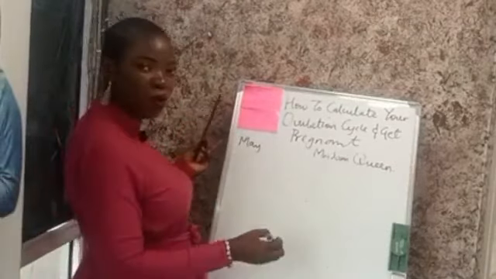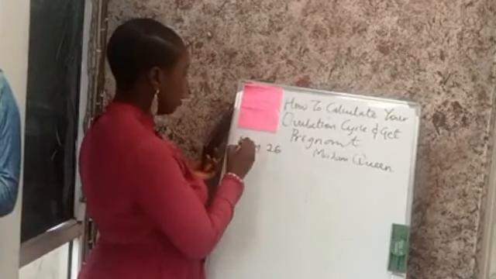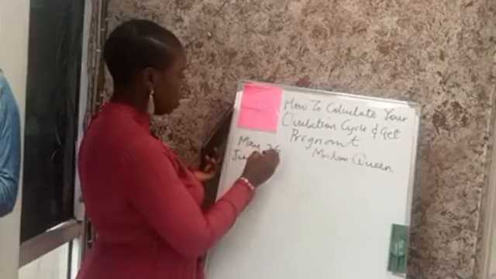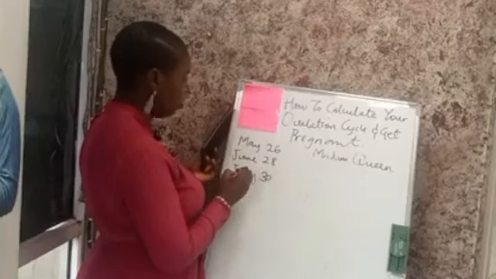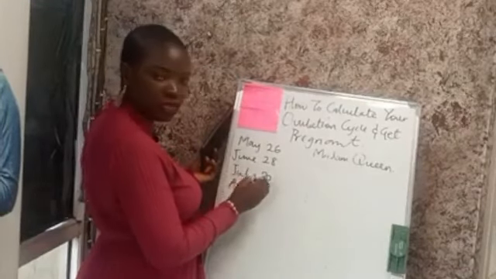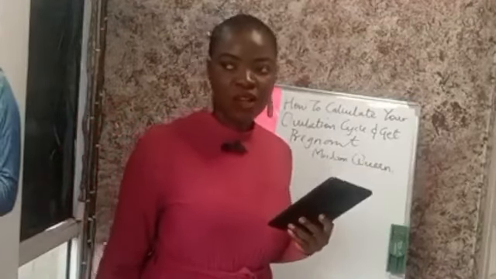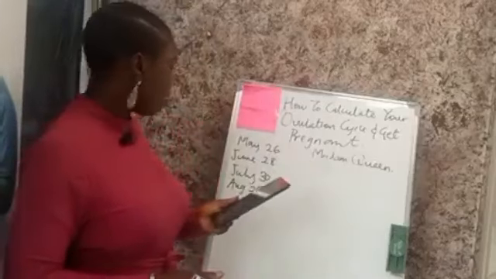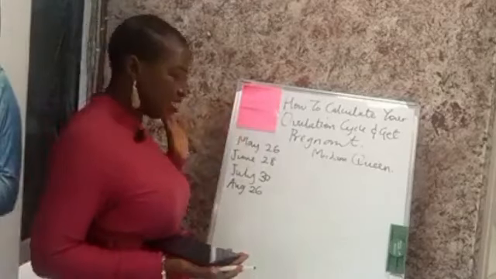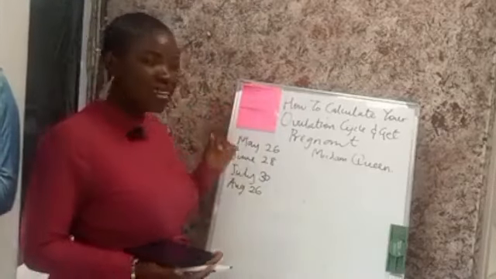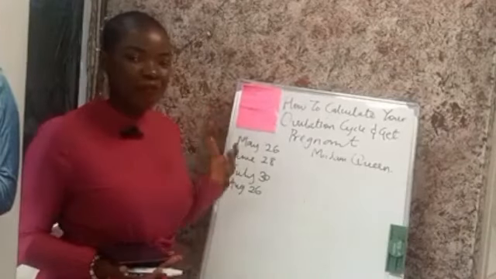And then for Madam Queen, her menses for May was May 26th, June 28th, then July 30th, and August 26th. So for Madam Queen, and all the queenies that had their menses on these dates, it is the same for you.